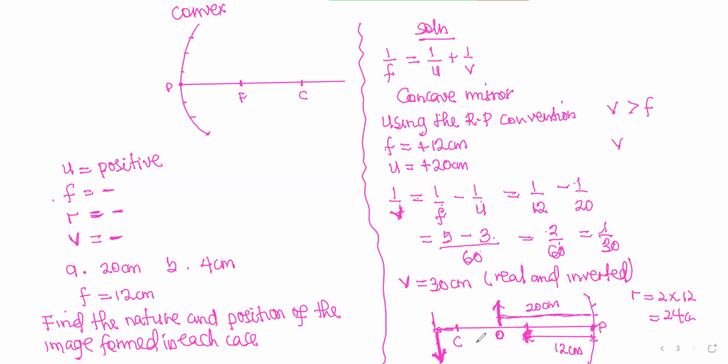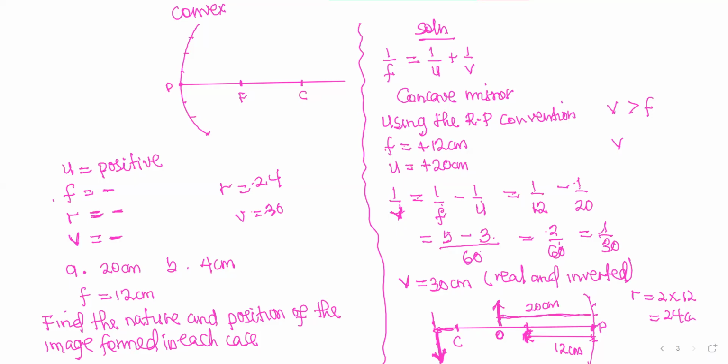Is that okay? Now, how did I know that it will be behind C? R is equal to 24. So if you have V to be 30, it means the image is about 6 centimeters away from C.